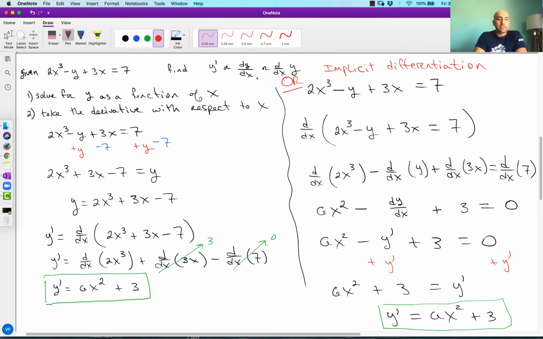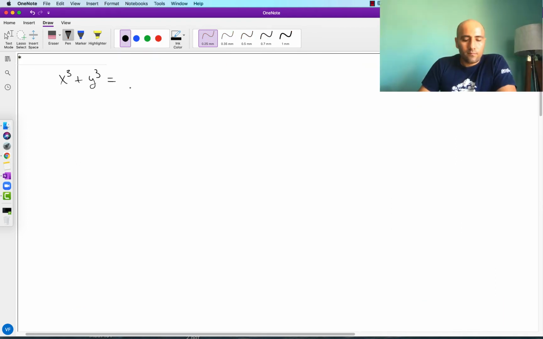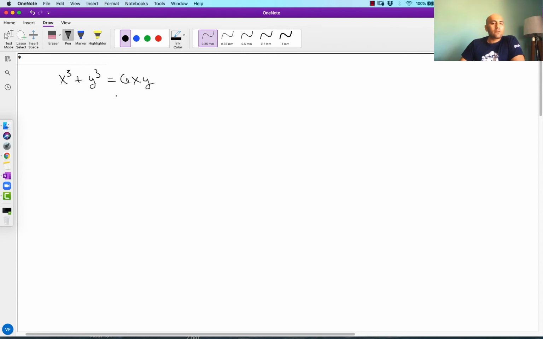Okay, let's look at another example. Okay, consider this one now. x cubed plus y cubed equals 6xy. It's really, really difficult to solve for y, right? To get the y by itself.